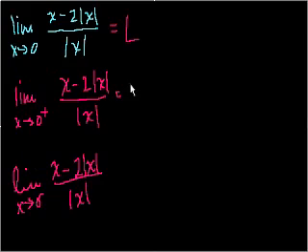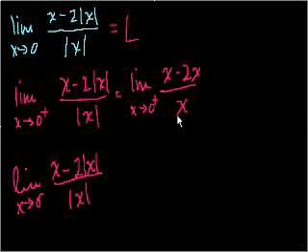Well, if we know we're approaching 0 from the positive side, what do we know about x? We know that x is positive, right? It's approaching from the right. So if x is positive, we can get rid of these absolute value signs. So we just get x minus 2x over x.